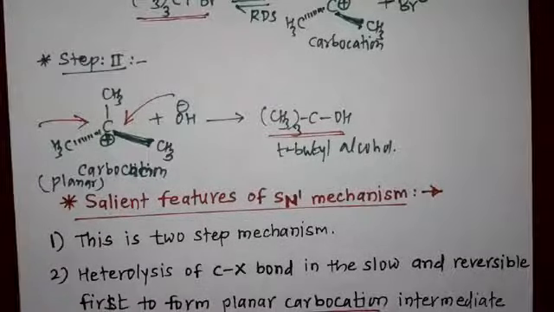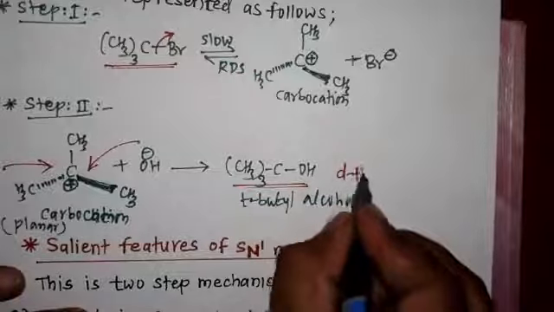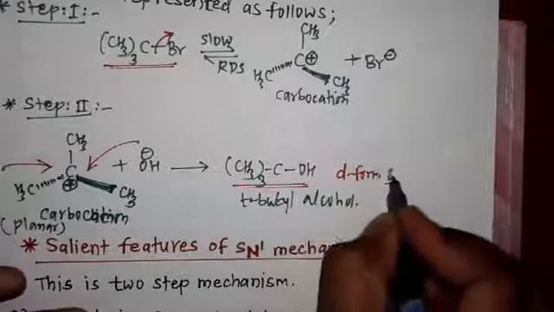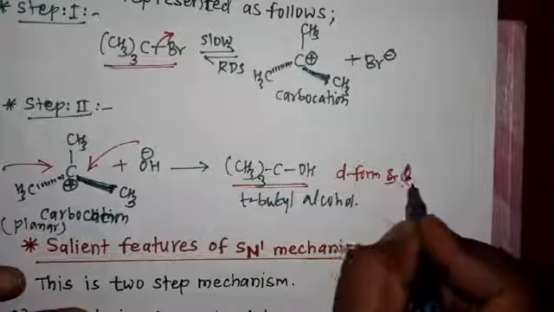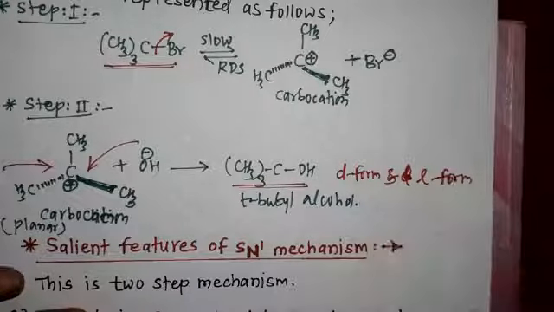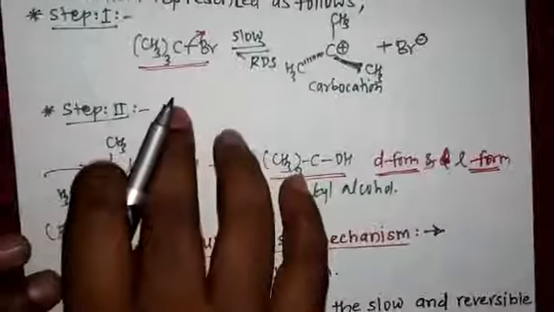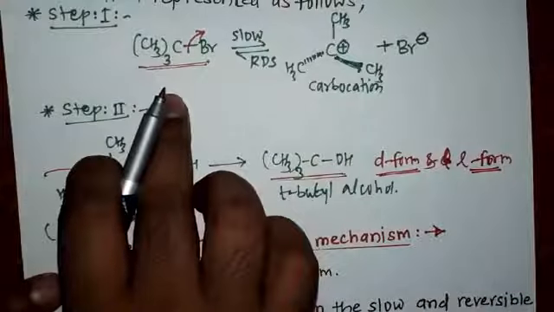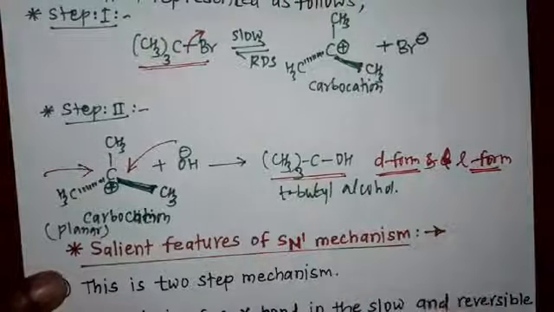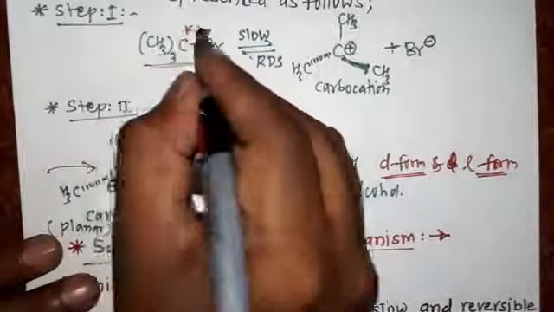It means it forms two types of enantiomers, that is D and L. Both types of enantiomers form when the substrate alkyl halide is an optically active substance, meaning it carries a chiral carbon.